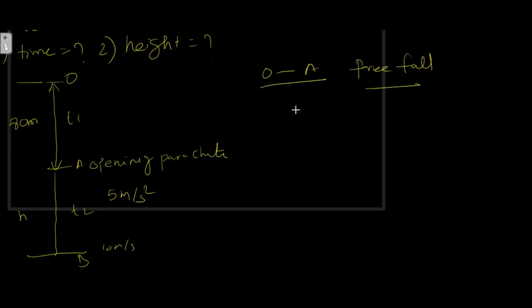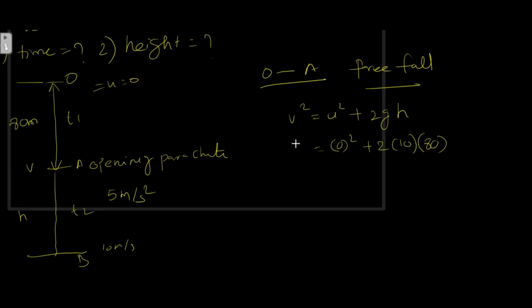In free fall, the initial velocity U equals 0, and the final velocity V we should find. V square equals U square plus 2GH. So the initial velocity is 0 square, G is 10, and H is 80 meter.